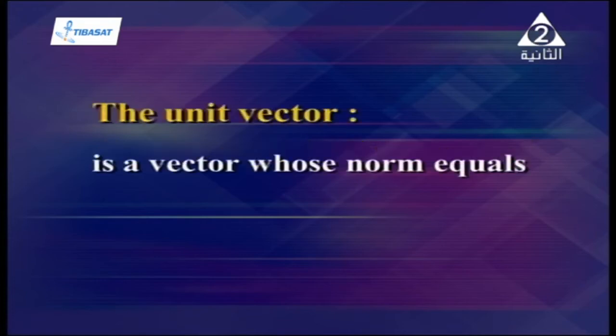The unit vector, my dear student. What is the meaning of unit vector? A vector whose norm equals unit length, such as (1, 0, 0), (0, 1, 0), (0, 0, 1). To find whether a vector is a unit vector, the norm must equal unit length.